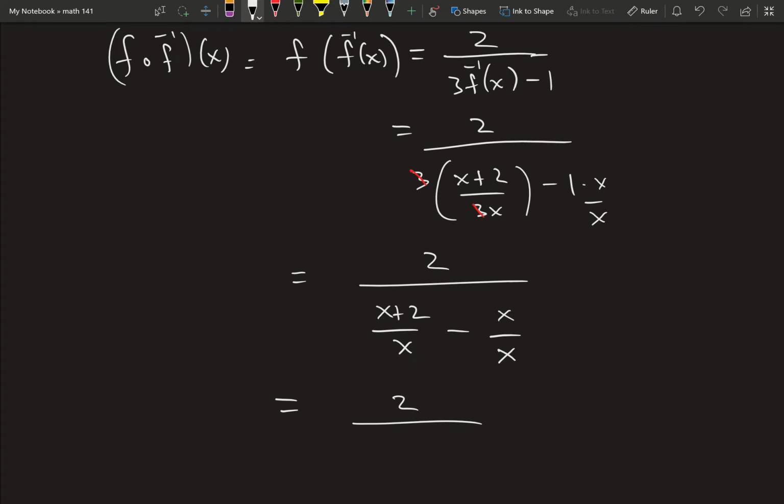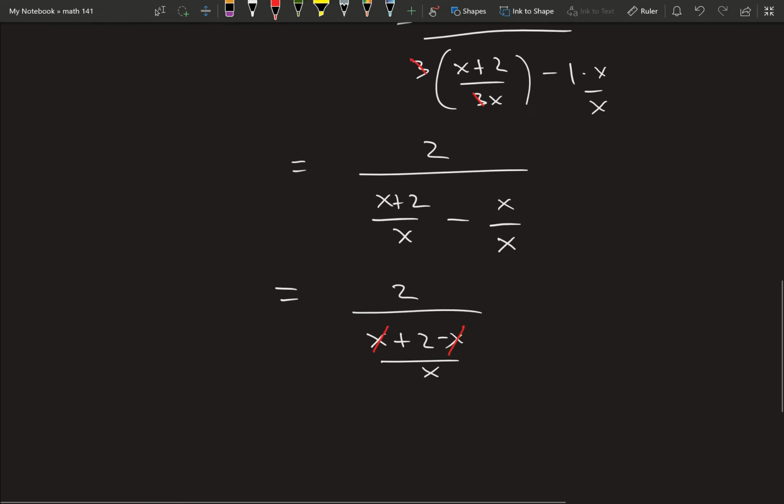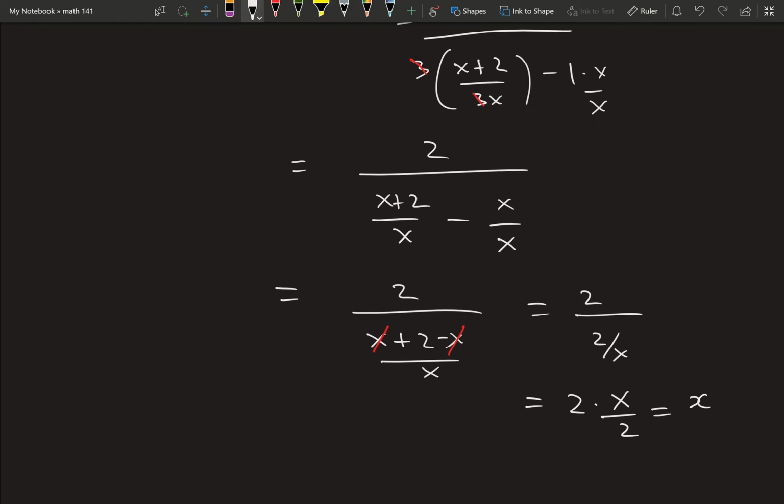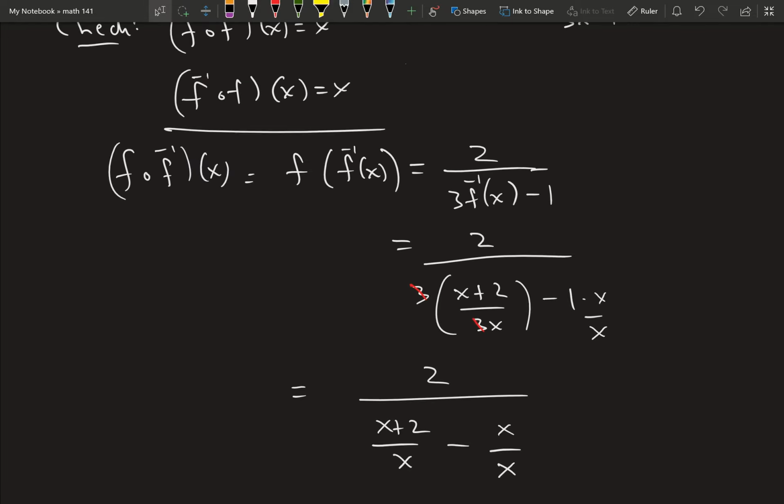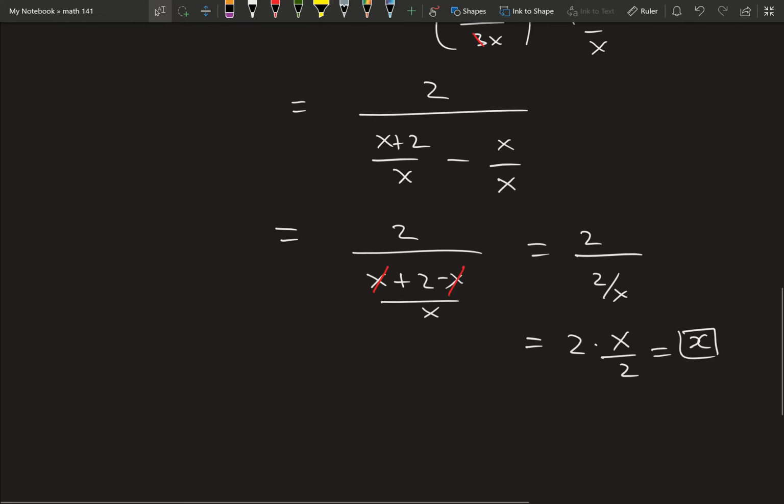We have 2 divided by x plus 2 minus x over x. These x's cancel, the x and the minus x, and we're left with 2 divided by 2 over x, which is the same as 2 times x over 2, which is x.